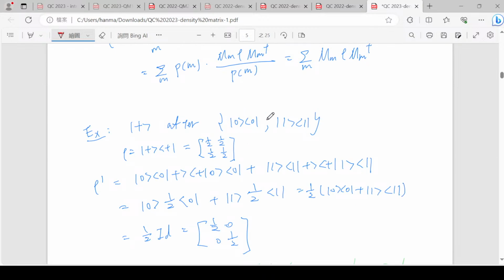We have 50% 0 and 50% 1. Then the matrix is 1/2 of the 0 ket, 0 bra matrix, which is 1, 0, 0, 0, plus 1/2 of the matrix 0, 0, 0, 1. If we add 50%, 50%, it is 1/2, 1/2 on the diagonal. That's an example of a density matrix.